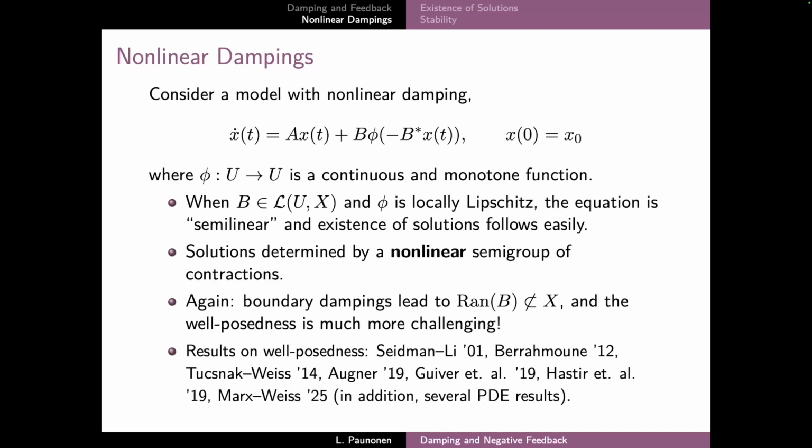But on the other hand, in the case of boundary dampings where B is an unbounded operator, this is a much more challenging problem. There's a lot of results on this, but indeed this is much more technical. The results I'm citing here focus on these kinds of abstract models, but then in addition there's a lot of work on individual PDEs, for instance, with boundary damping.